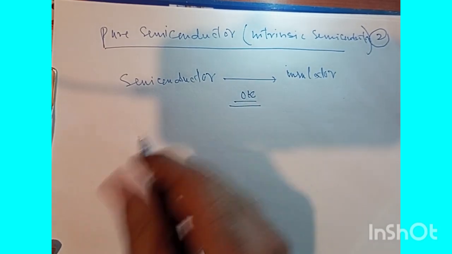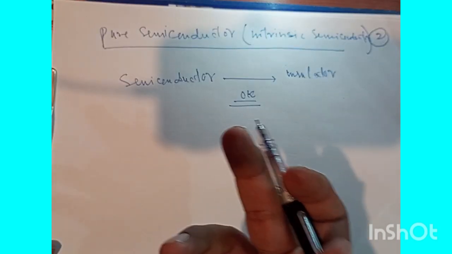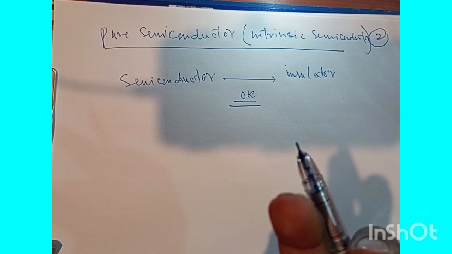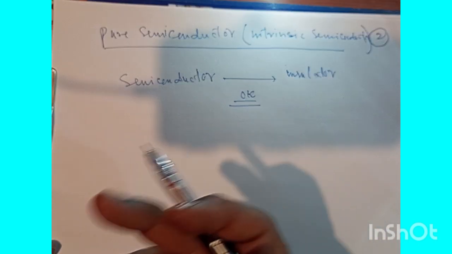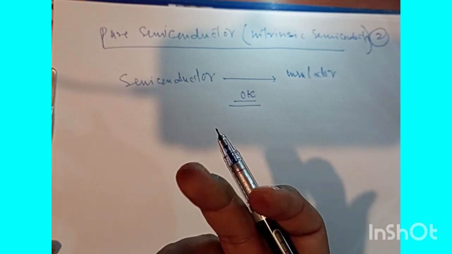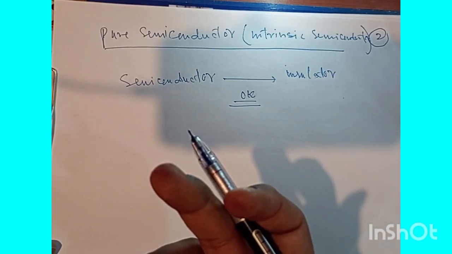So defining a semiconductor in terms of its conductivity is not the absolute way of speaking about what a semiconductor in reality is.